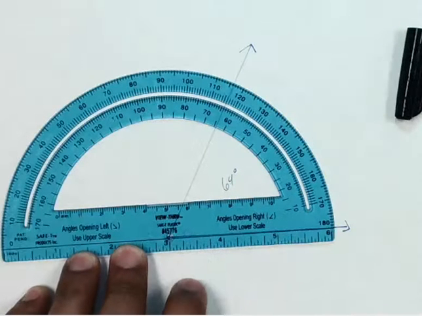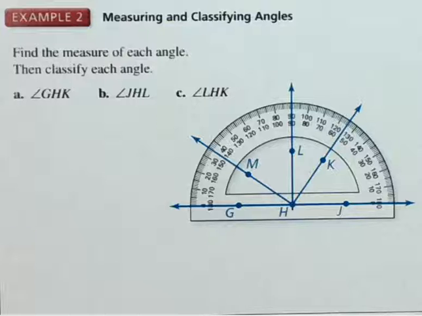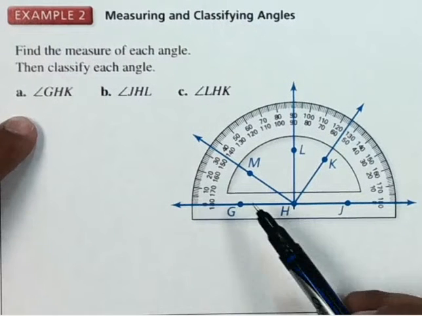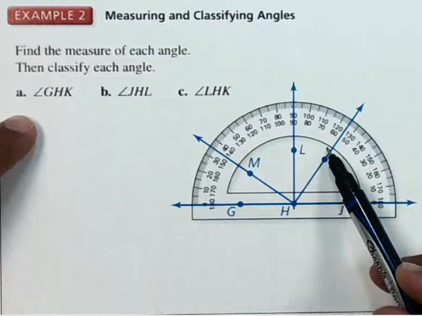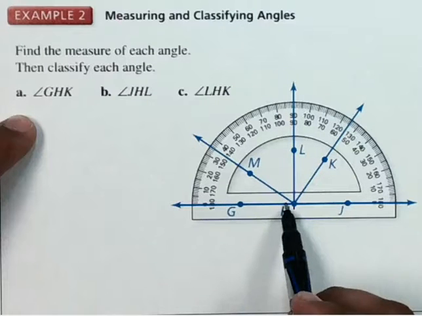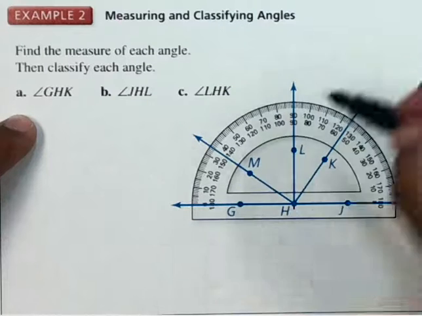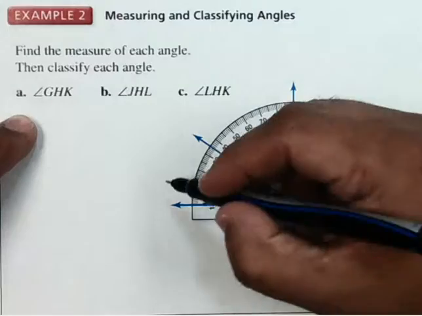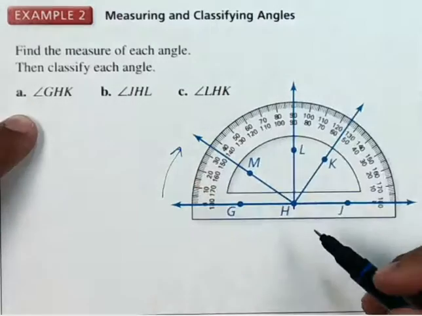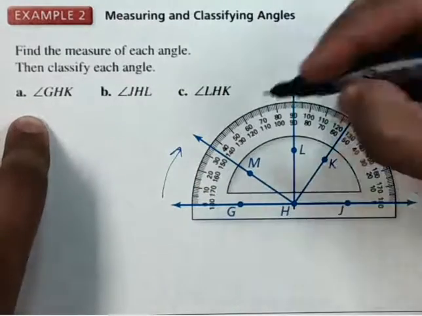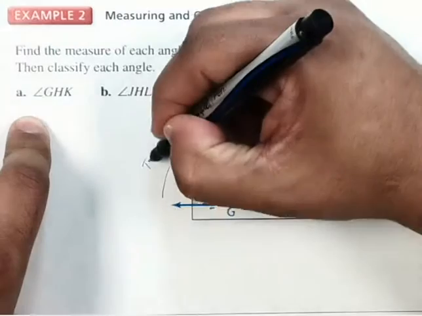I'll give you another example to look at. Here are these other examples that we're going to look at. I don't expect you to draw this compass out, but I do want you to watch and see what we're doing. We're talking about this angle GHK. This is already lined up for you. Since I'm going this direction, I'm going to use the top numbers.